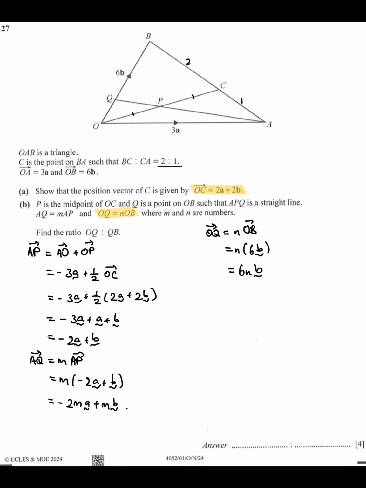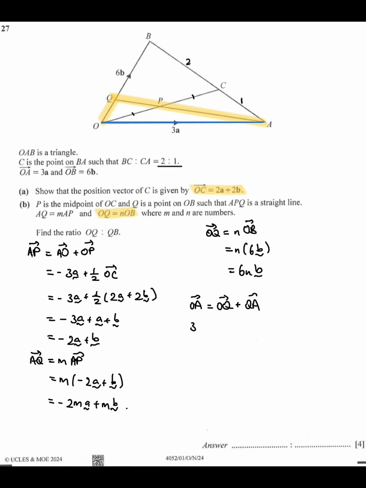Let's combine all the information that we have. We know the vector OQ, and we know the vector AQ. These two vectors can be combined by the line OA. Combining it in vector form, we write OA is the same as OQ plus QA.